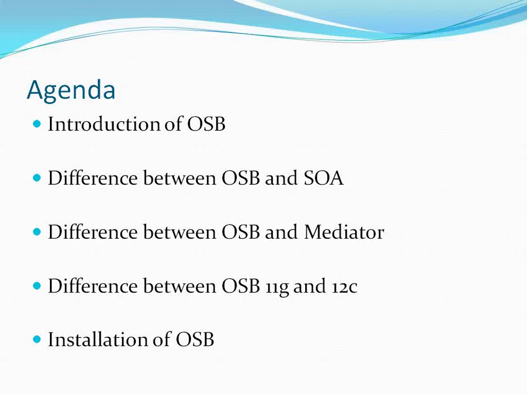But if you have two different composites and you want to route your data from one composite to another, you cannot use mediator there. In those cases, OSB is used. OSB is used to route your data between different composites, and mediator is used to route your data inside the composite. Got it?